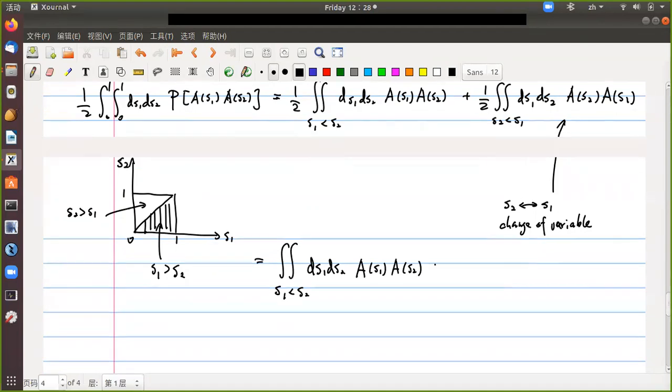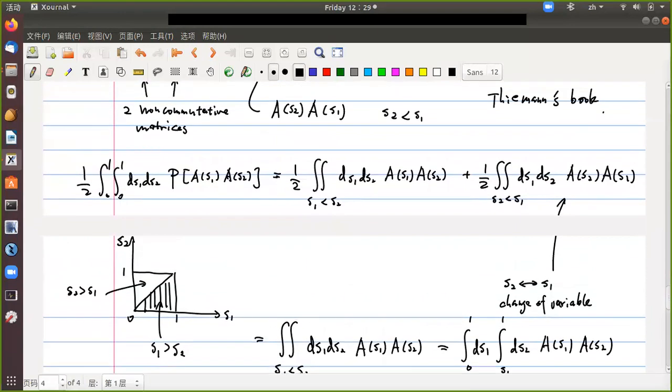Now I can write it more explicitly because this is integrating a triangle. It is integral ds1 from 0 to 1 and integral ds2 from s1 to 1, because s2 is always larger than s1, of A(s1) A(s2).